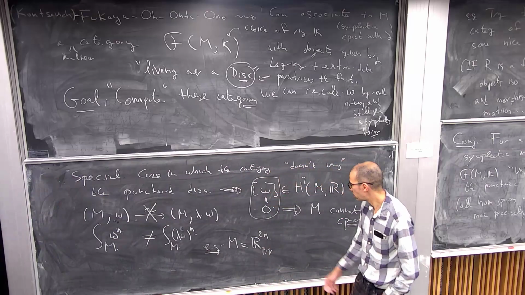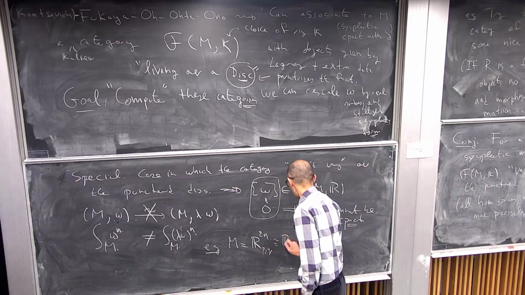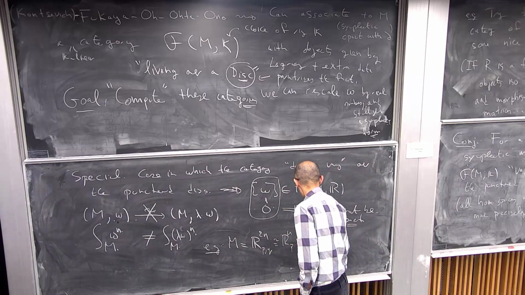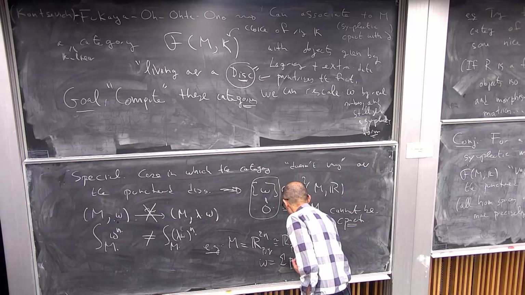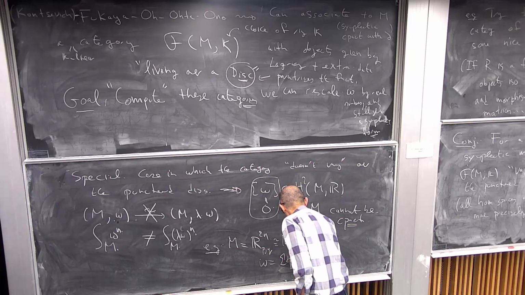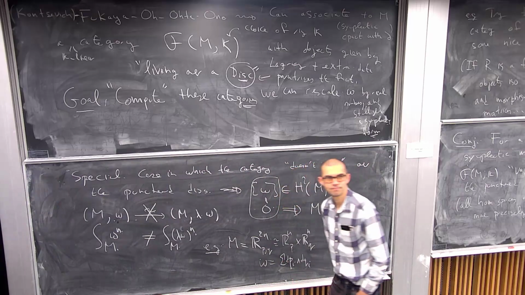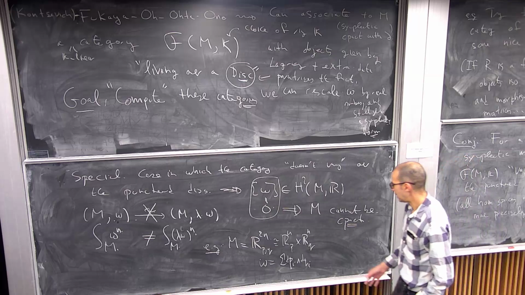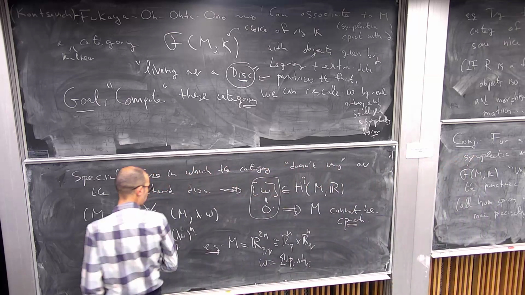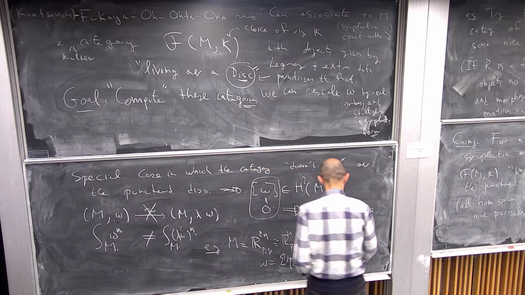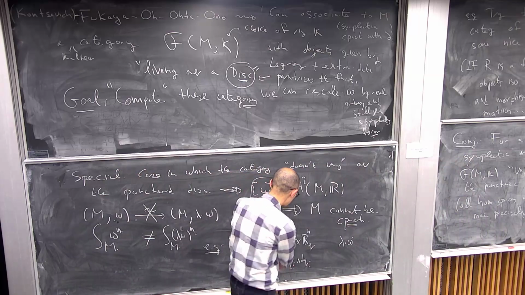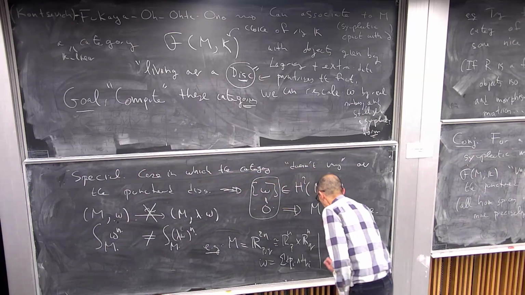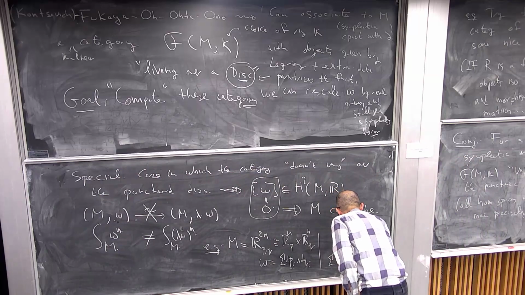So there's an Rn with p coordinates times an Rn with q coordinates, and then omega is equal to the sum of dp_i wedge dq_i. Then if I took lambda times omega, well, lambda times omega is just the same thing except with lambda in front, the sum of d(lambda p_i) wedge dq_i.